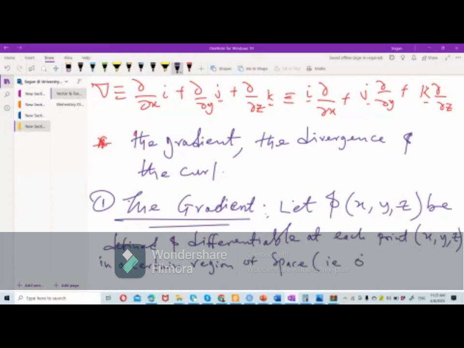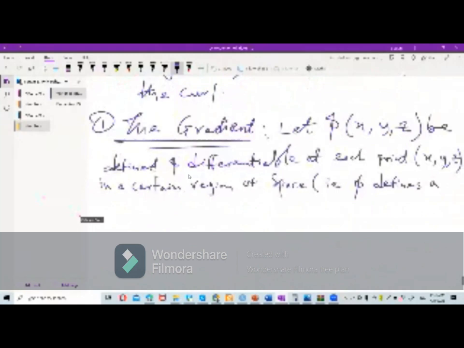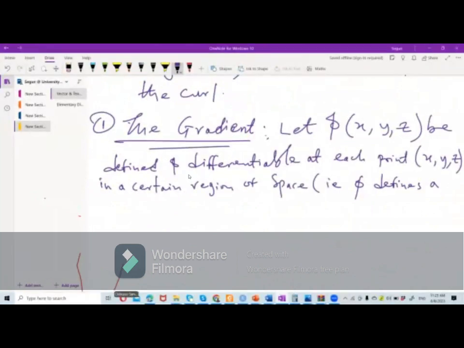That is, our phi defines a differentiable scalar field.